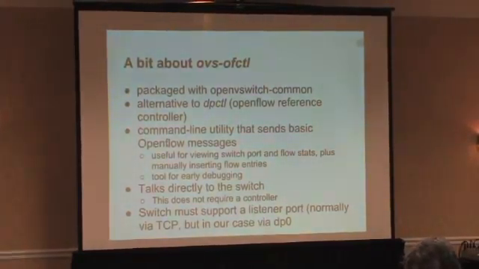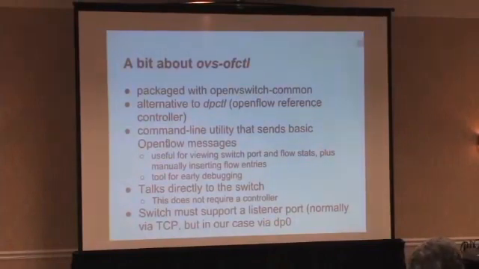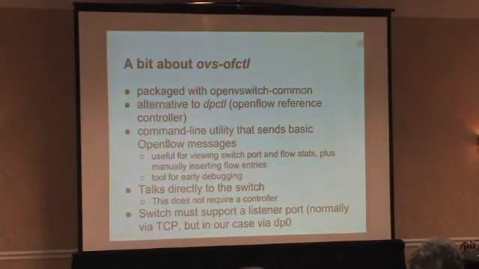So you've got the switch being controlled by the controller, but let's say you want to go in and poke around and see what OpenFlow stuff is being configured in the switch. Normally this would talk TCP, but like I said, in this test case, we're going to use it via the DP0 device.